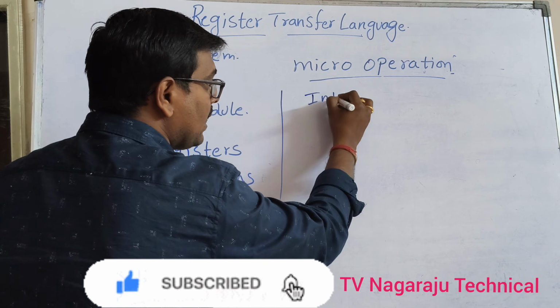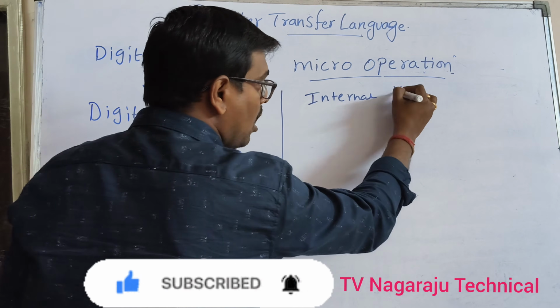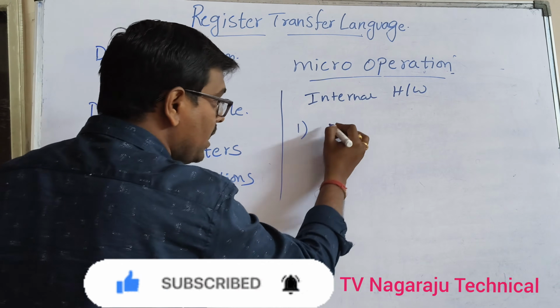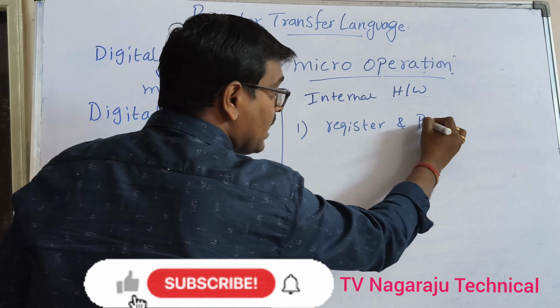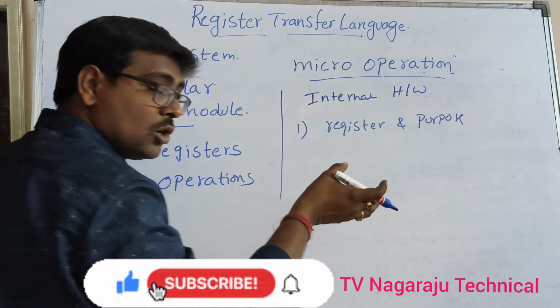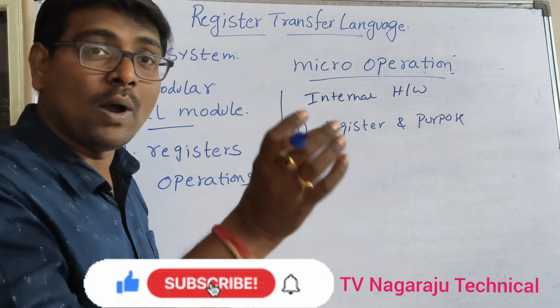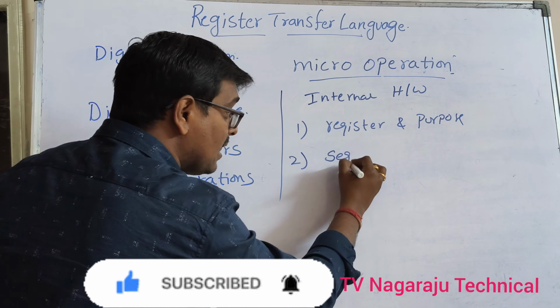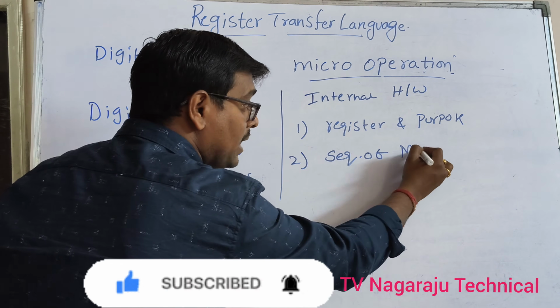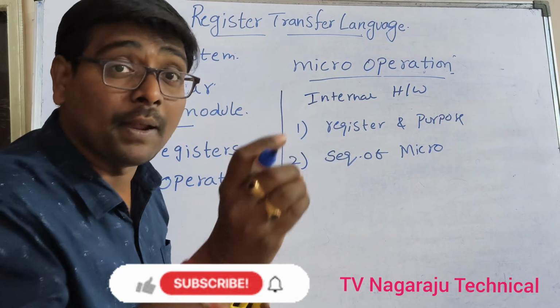The internal behavior of the hardware is specified by using the registers and their purpose. So what are the registers they contain? What is the purpose of each register? And most important, the sequence of micro operations they perform.